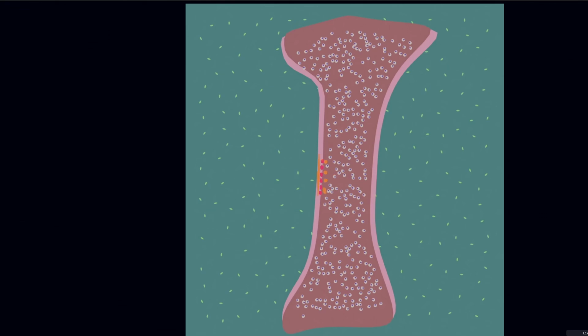So more layers will be added from the perichondrium side, and the thickness of the cartilage will increase. This type of growth of the cartilage is called appositional growth. With appositional growth, chondroblasts on the outer surface add new layers to increase thickness.